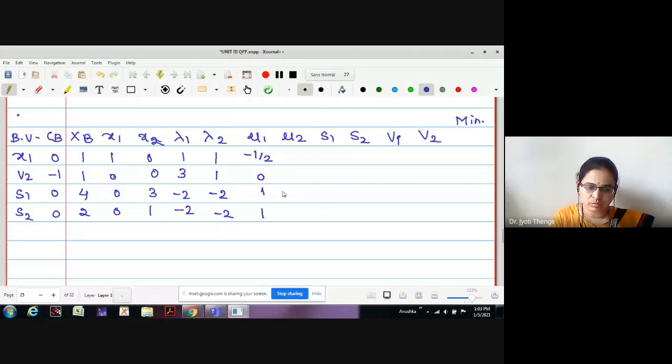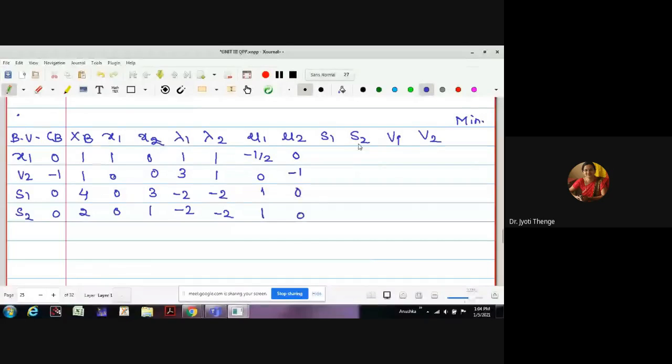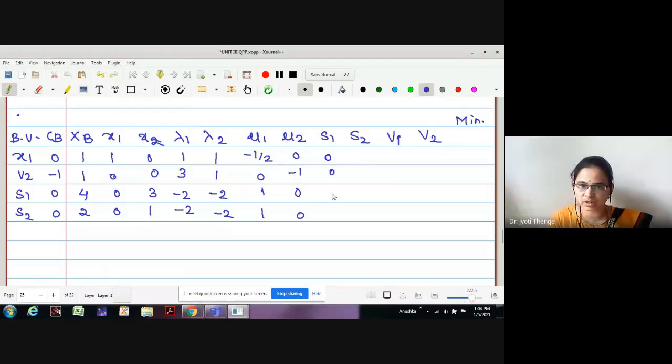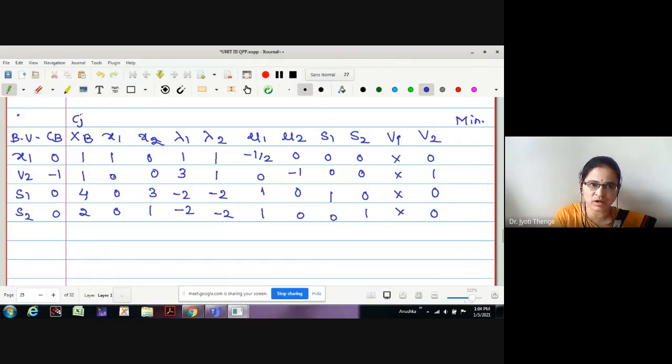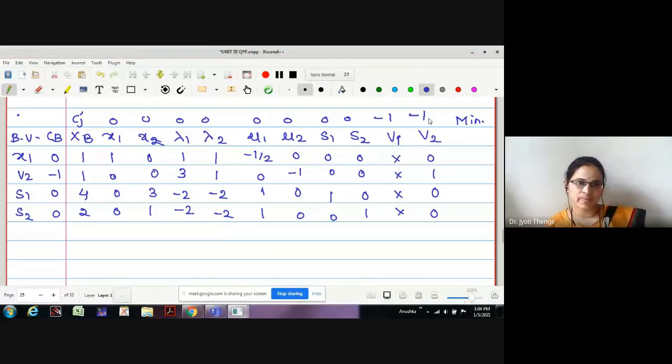For mu2, this is 0, -1, 0, 0. For S1, this is 0, 0, 1, 0. For S2, 0, 0, 0, 1. For V1, one can drop the entry, or if you want, you can write 0, 1, 0, 0. Okay, let me write the CJ entries as well: 0, 0, 0, 0, 0, minus 1, minus 1.